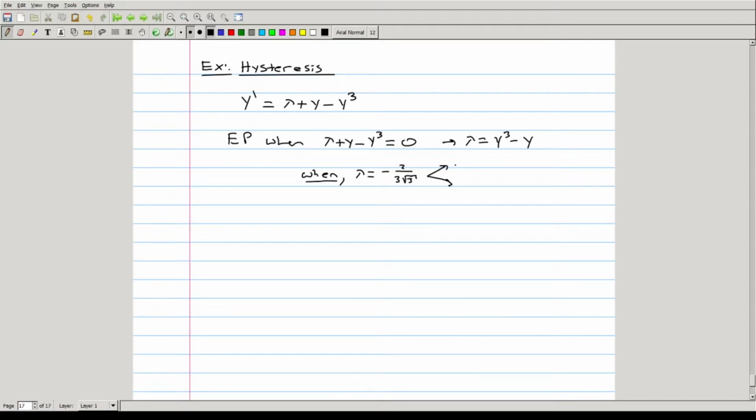Solutions are going to be y, and I'm going to number these specifically. We'll say y3 is equal to 1 over the square root of 3, and y1 is equal to negative 2 over the square root of 3.